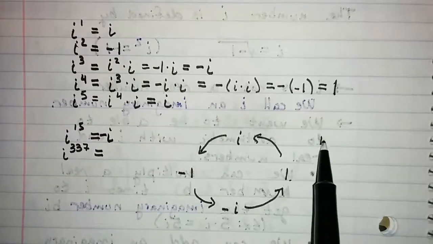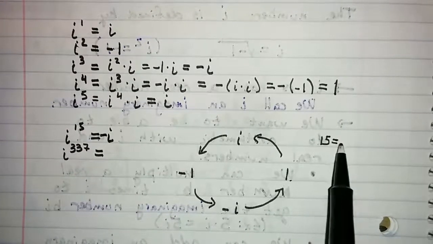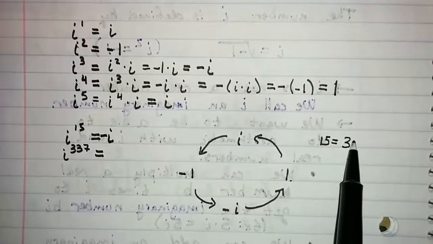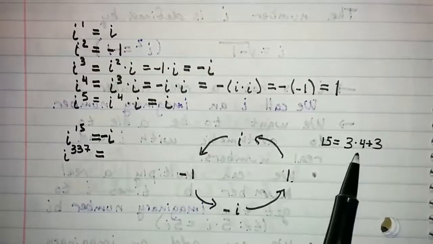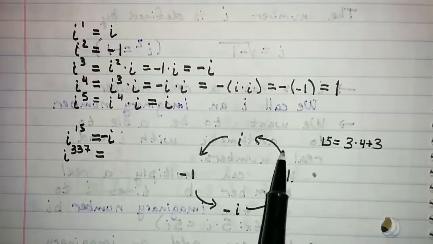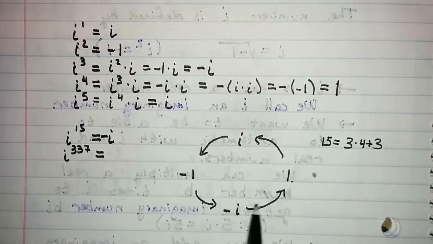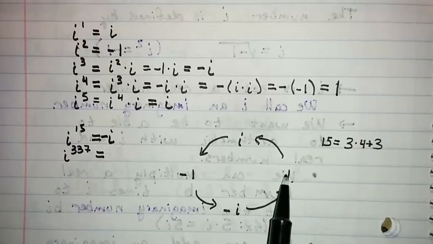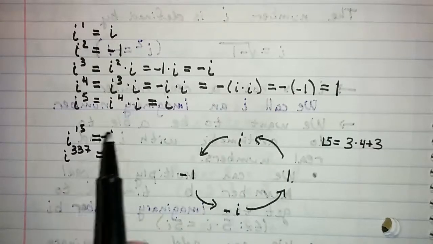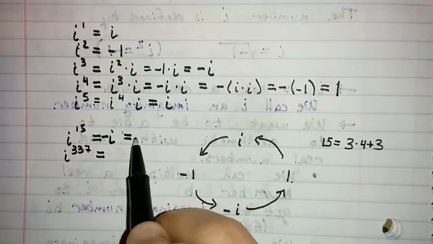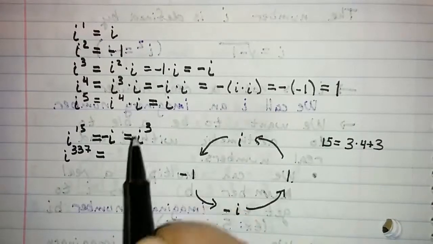I noticed that 15 is 3 times 4 plus 3. So I went around the circle 3 times, 4, 8, 12, and then 3 more steps. i to the 15th is the same as i to the 3rd.